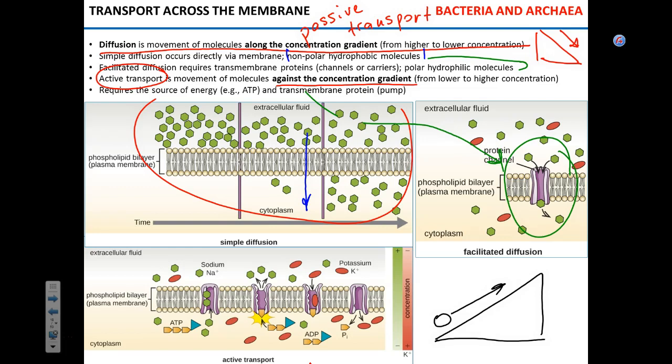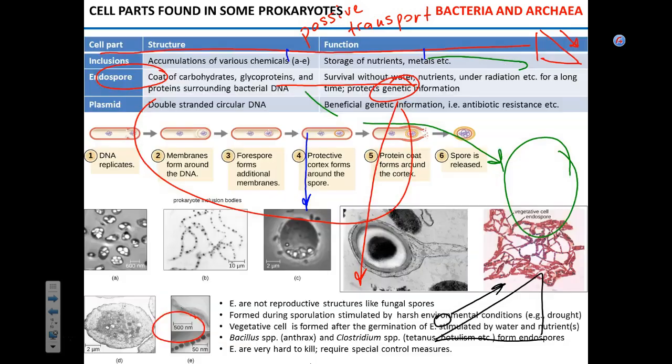Active transport doesn't require energy. Yes, it does, in the form of ATP. And of course, active transport always requires some kind of transmembrane protein, what we call a pump. Any questions on the transport across the membrane? Clear? We're basically doing a repetition of what you learned before.